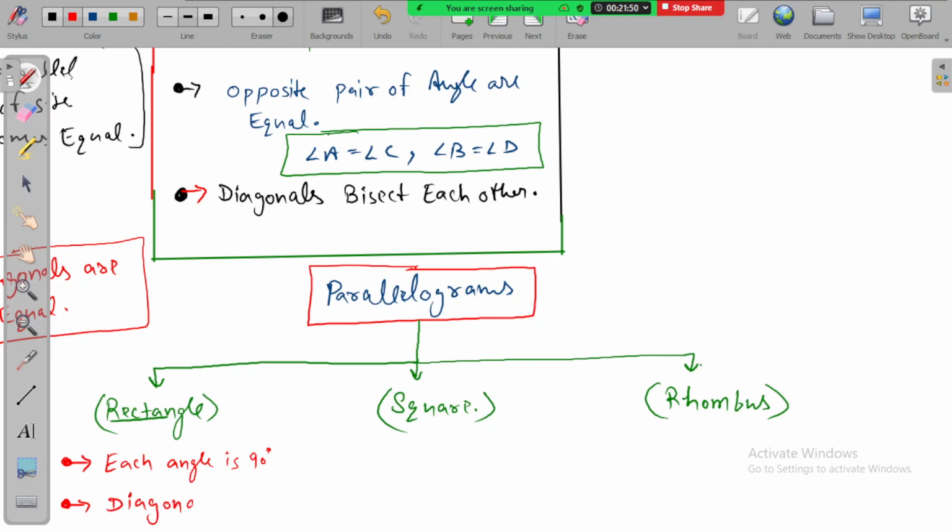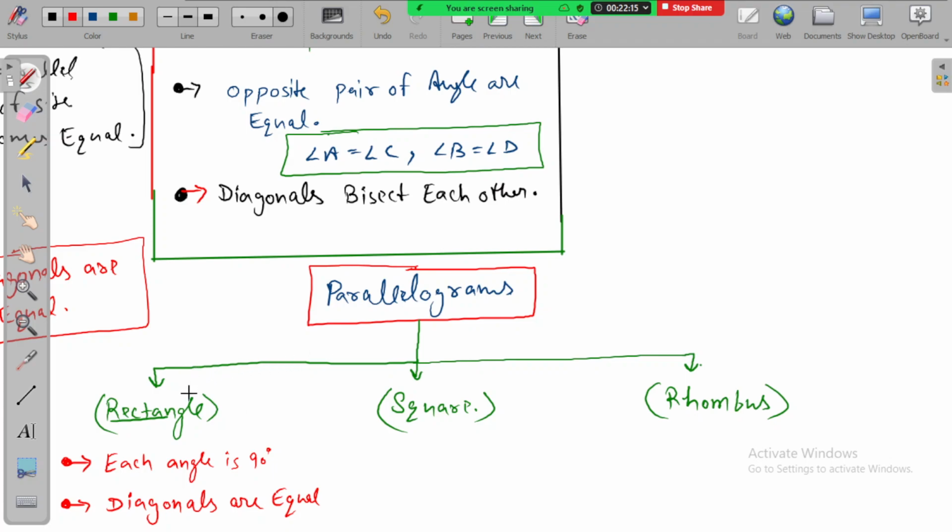Got it? If you make a rectangle, then both diagonals will come out to be the same. If one diagonal is given to you as 5, the other diagonal will also be 5. And if someone asks whether they bisect each other as well, what will you say? Yes, 2.5 and 2.5 will be the parts into which they divide.